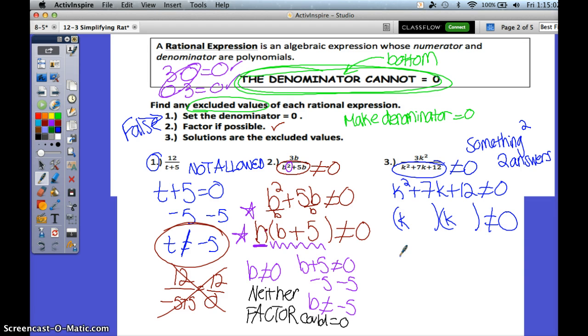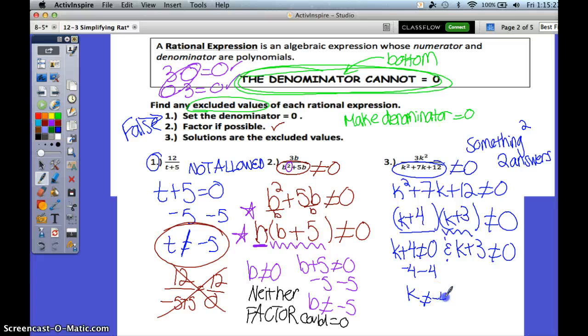How about k plus 4, k plus 3? So we have factor 1 and factor 2. Remember, neither factor could equal 0. So k plus 4 could not equal 0, and k plus 3 could not equal 0. Now let's solve. Minus 4, k is not allowed to equal negative 4, minus 3, and k is not allowed to equal negative 3. If you plug either one of those in, you'd get a denominator that equals 0. And that is just not okay. It's not allowed to happen.